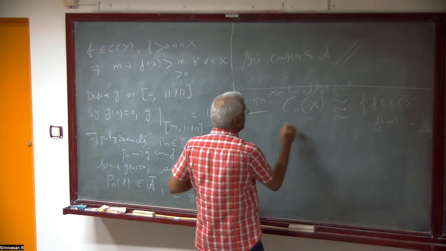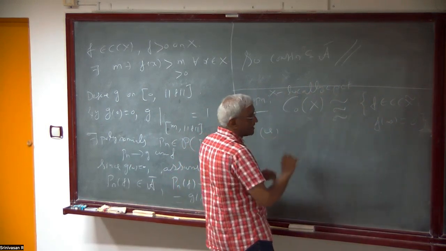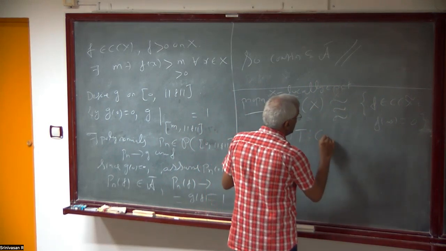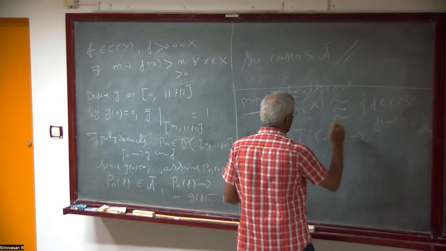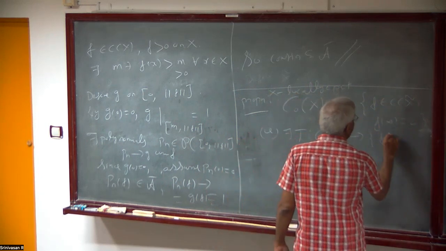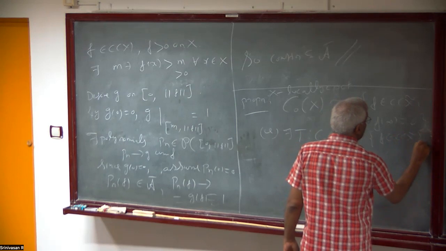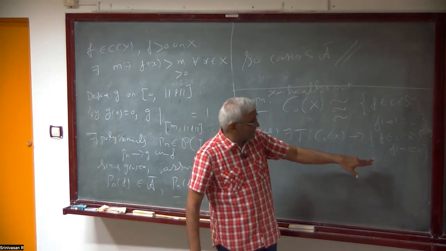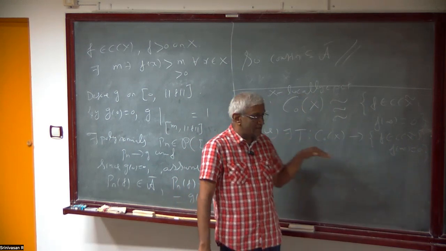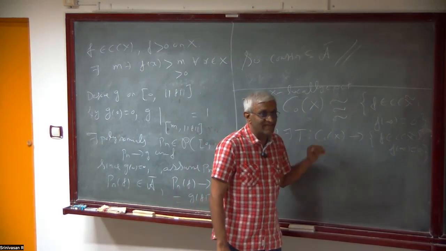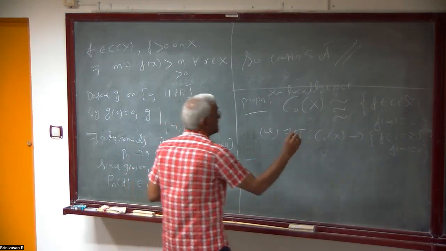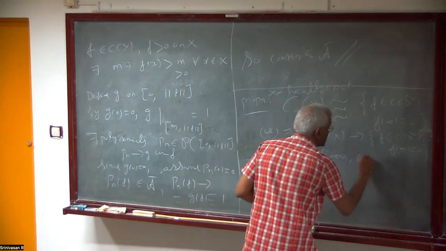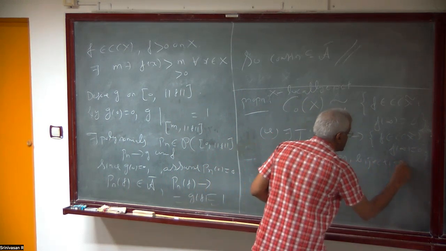This isomorphism means there exists a T from C0 of X to the functions f in C of X tilde vanishing at infinity, by definition, such that T is linear, a bijection, and a homomorphism.